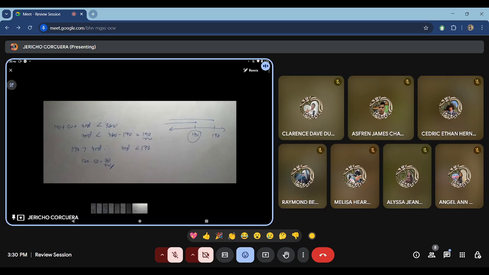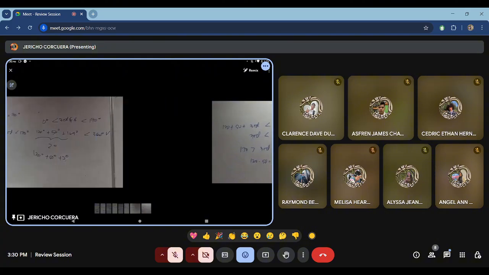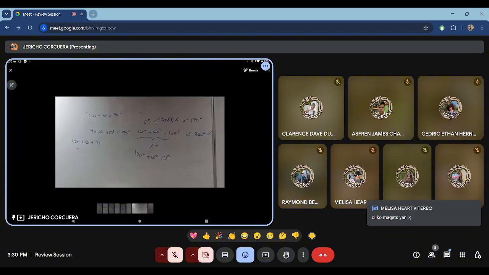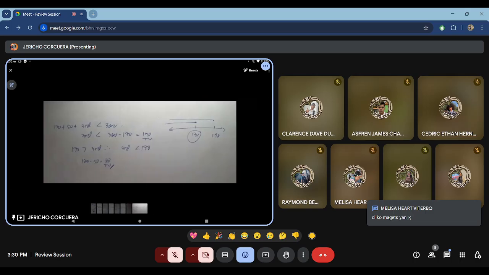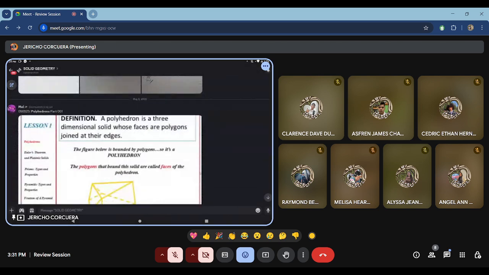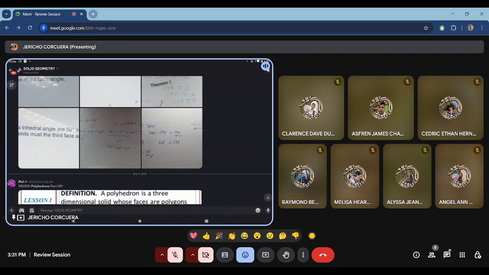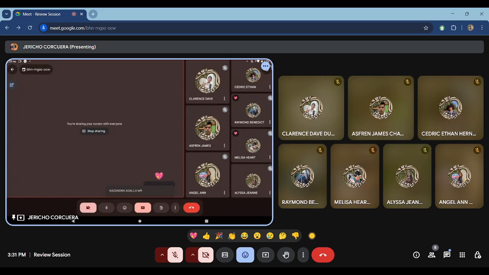It should be between 70 and 170 anyway. And I think that's all for the coverage of our first exam in solid geometry. So I think that ends our review for solids.